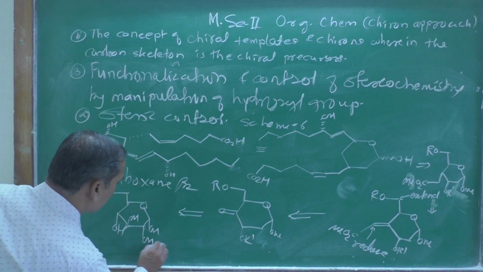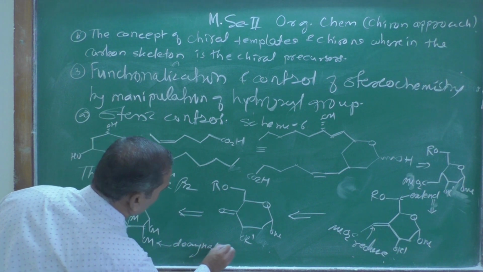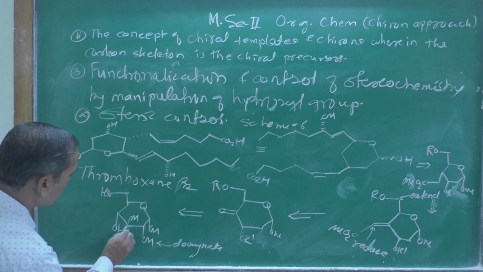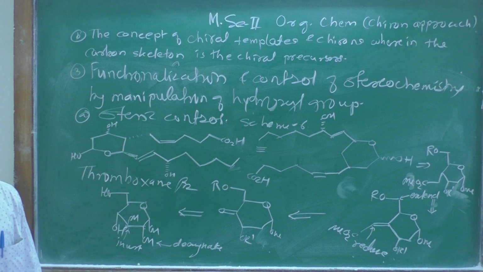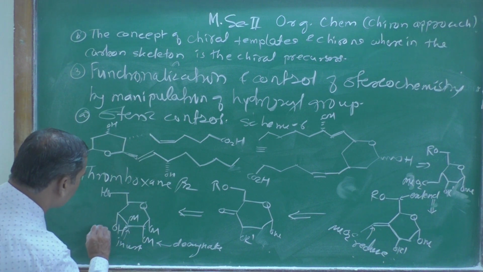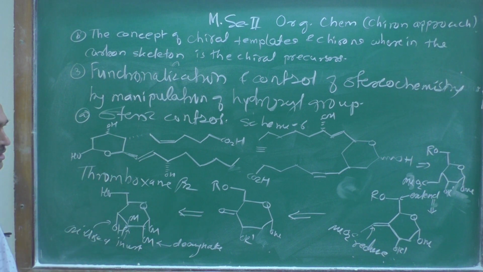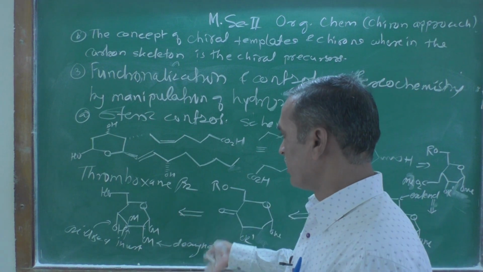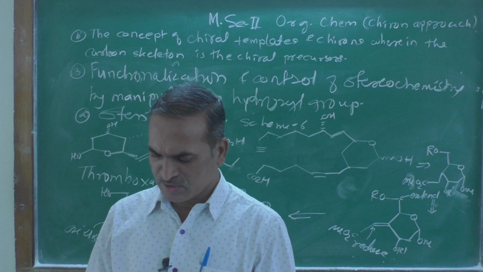This one is inverted. After inverting, we will get this one, and this is oxidized. If you do this, you will get your target molecule. This is scheme number 6.